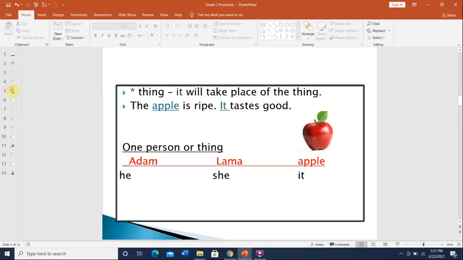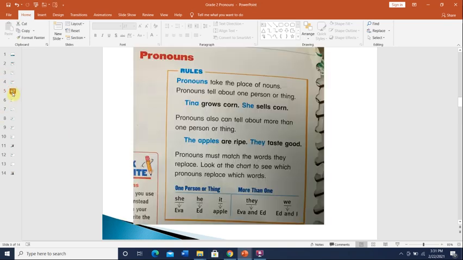Oh, wait one second. I forgot to explain the last part. We use we when you see a person's name and I. For example, Ed and I, Ed and another person, or if I'm talking about myself with another person, we use we.